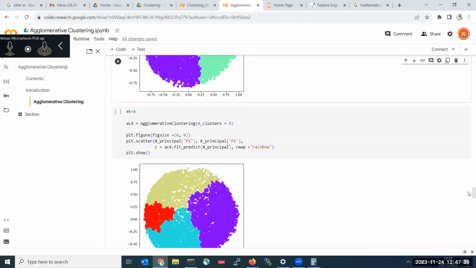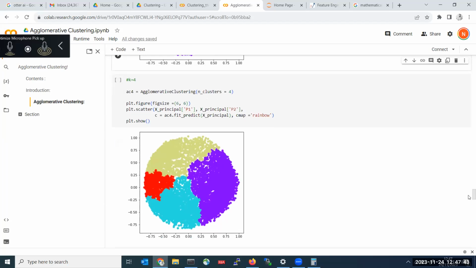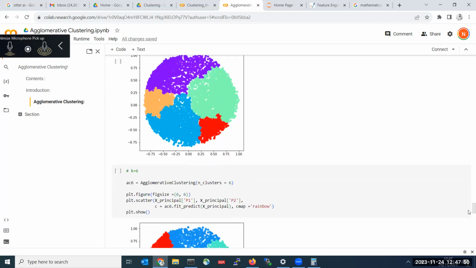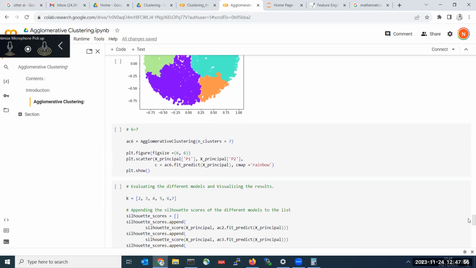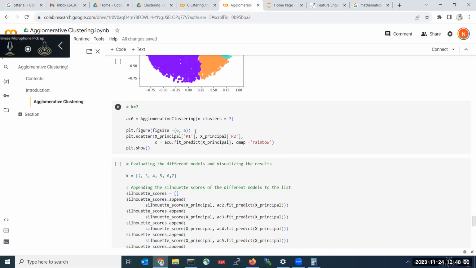Same, next clusters 4, then 5. Like this, I'm testing how it is performing on each number of clusters, how the data is dividing into multiple clusters. So the next question is, how can I tell where my data is dividing into clusters perfectly? To tell that, we will be using the concept called Silhouette score.